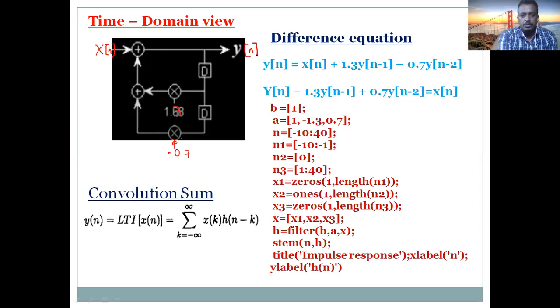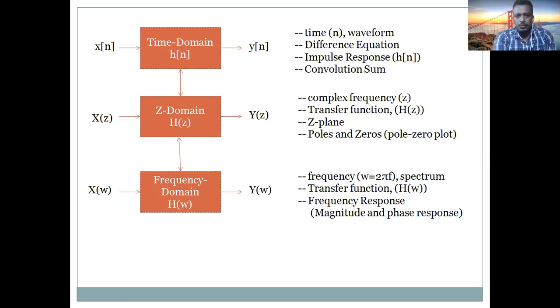If input and output signals are represented as a function of time, we call it what? Here you see our independent variable is n. Signals, input and output signals, as a function of time, because we are discussing what? We are discussing the time domain approach.